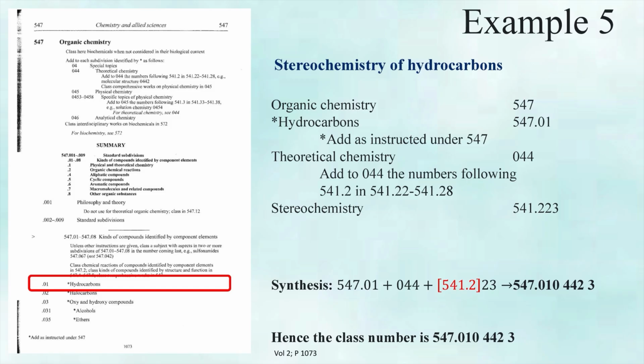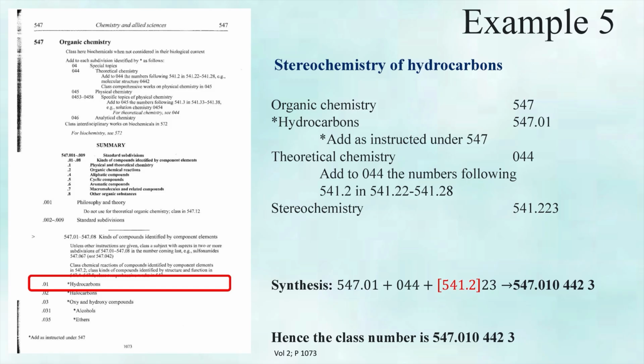So organic chemistry comes in the class number 547, under which 547.01 is for hydrocarbons. We have got the number for hydrocarbons. The hydrocarbon again comes with an asterisk mark which tells us to go to the extended subdivision under 547.